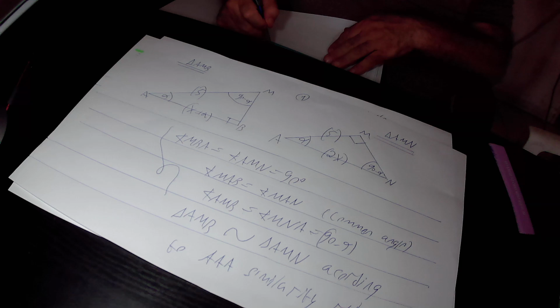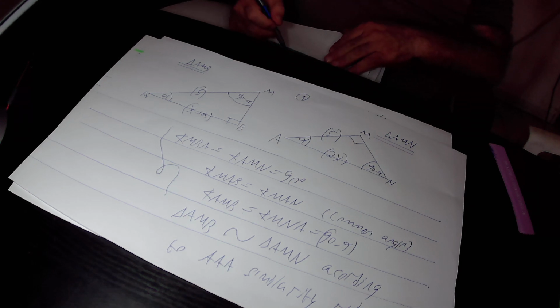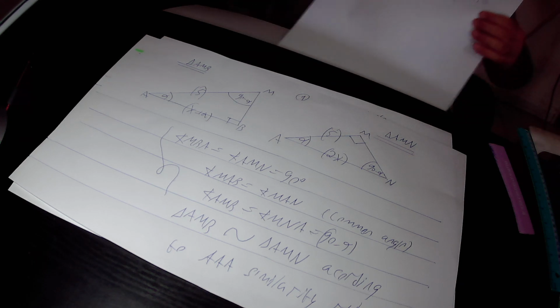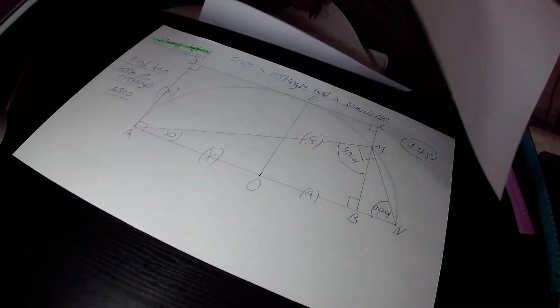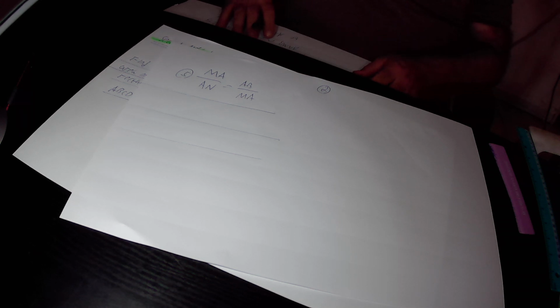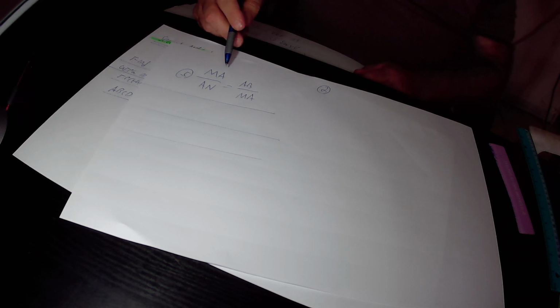So I repeat again. We actually found out that side MA of the right triangle AMB over side NA of the right triangle AMN equals side AB of the right triangle AMB over side AM of the right triangle AMN.